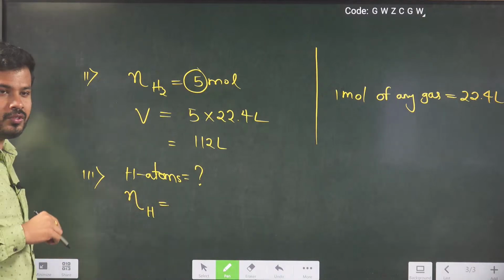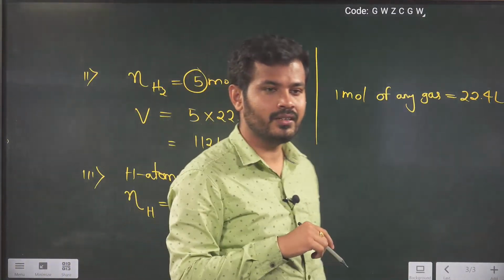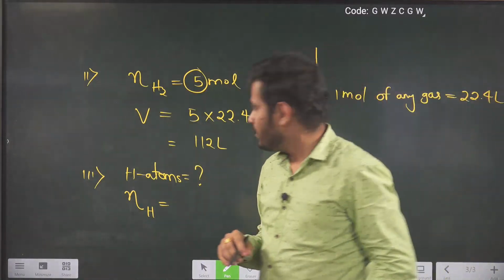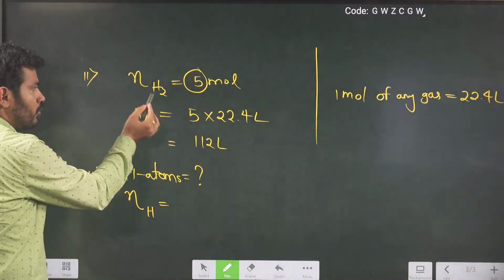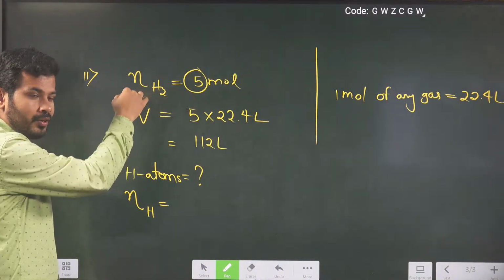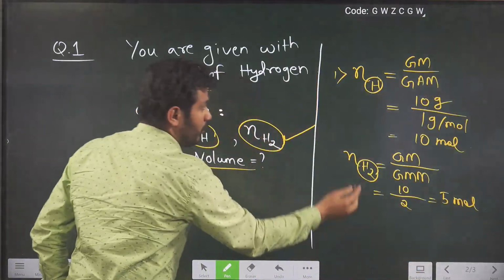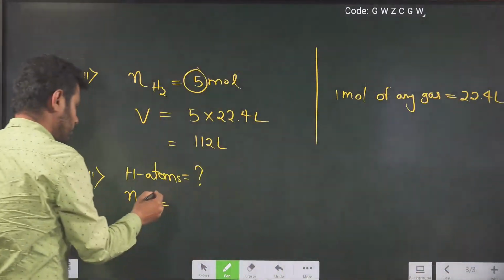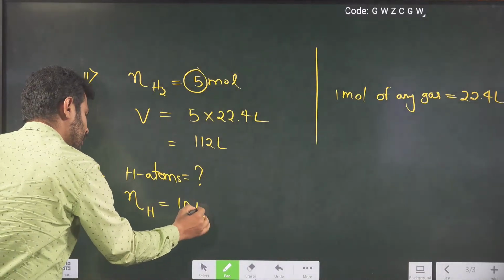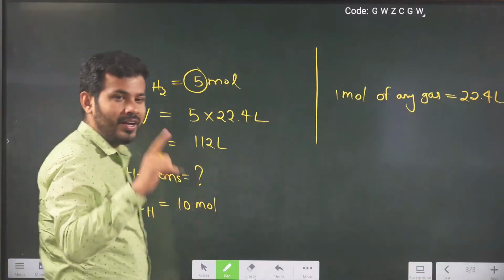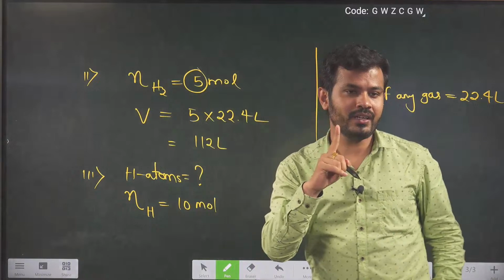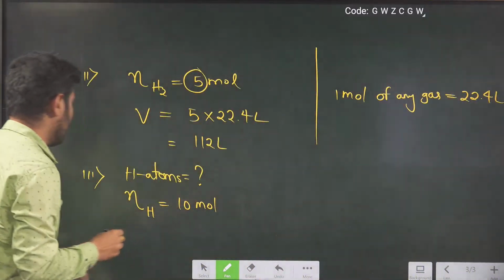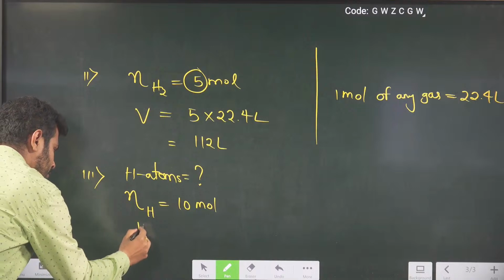We have calculated number of moles of hydrogen molecule is 5, but number of moles of hydrogen atom is 10 moles, right? And we know that in 1 mole of anything, we will have Avogadro number of particles. So because we have 10 mole, the number of hydrogen atoms will be how much?